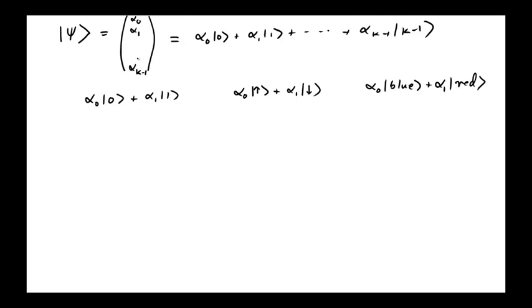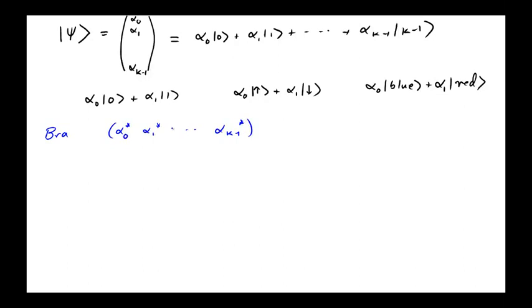Now, corresponding to this vector, which we'll call Ket psi, there's a corresponding vector which we'll call Bra psi. This is the conjugate transpose. It's a row vector: alpha_0 star, alpha_1 star, ..., alpha_{k-1} star.